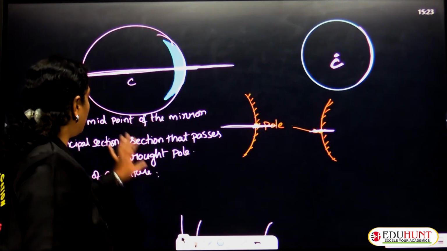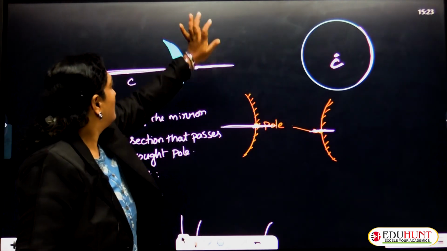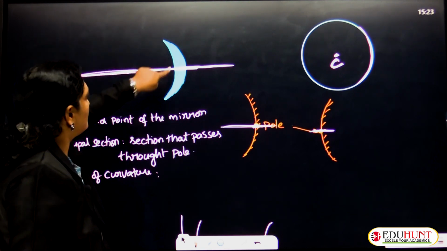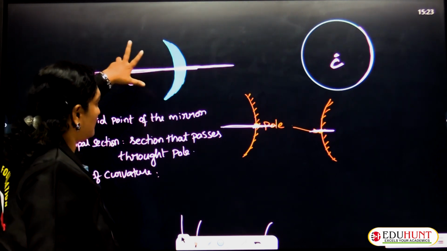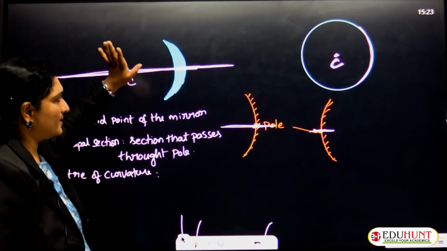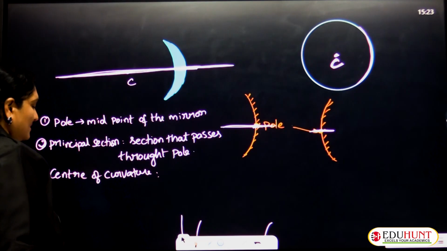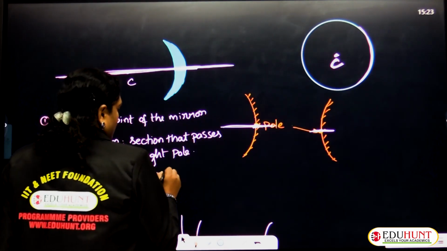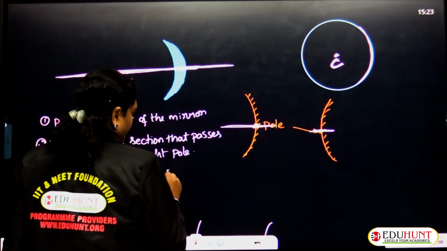Principal axis is different and principal section is different. If this mirror is produced continuously, such that initially some hollow sphere is there, that center point itself is called the center of curvature. That is the center of the sphere.